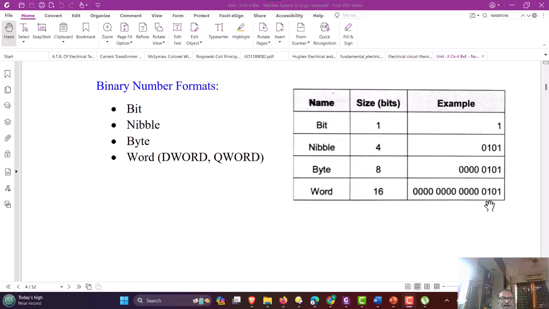Here, a bit defines the single position, whereas a nibble defines the combination of 4 bits. A byte defines the combination of 8 bits, and a word defines the combination of 16 bits. Likewise, a double word defines 32 bits and a quad word defines the 64-bit representation of a binary number.